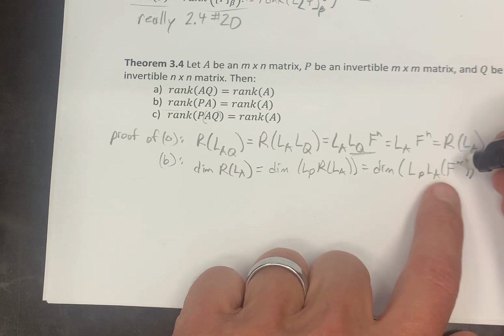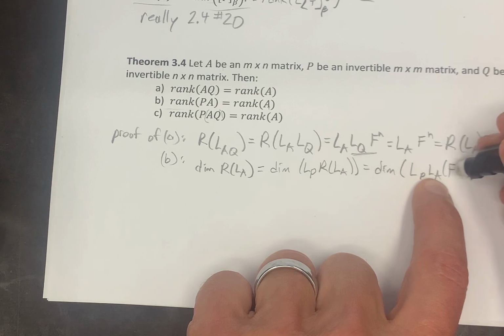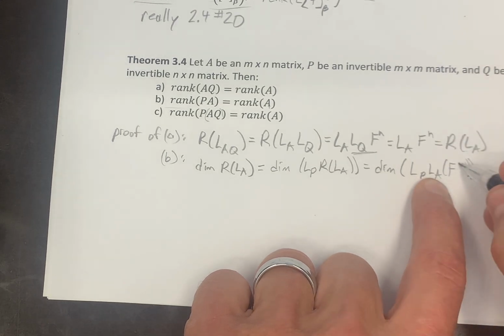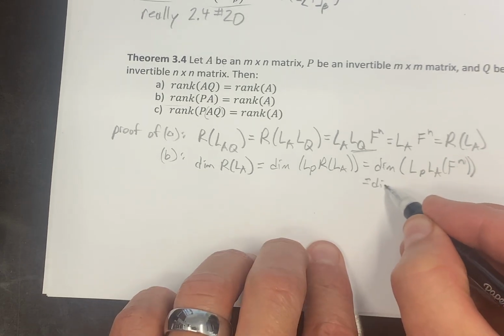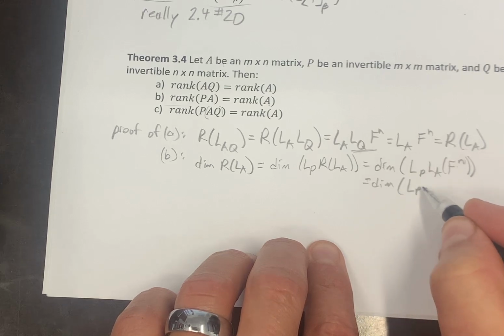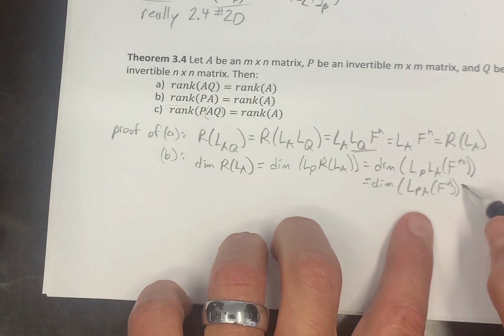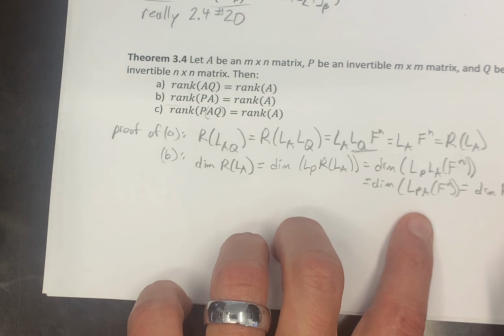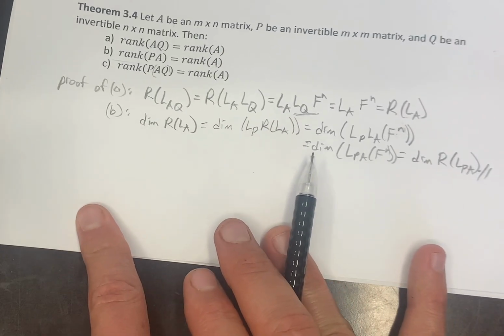I think to go on the input there, it has to be F^n, sorry. Okay, but think about this. What is that? That's just L_PA on F^n, which is just the dimension of the range of L_PA. So in some ways, it's just thinking about what those pieces are, right?